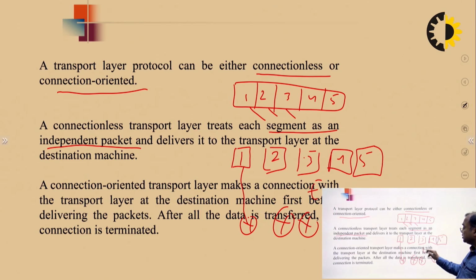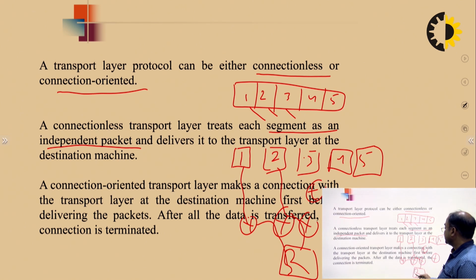They can reach the receiver by different routes, so they do not follow a single route.